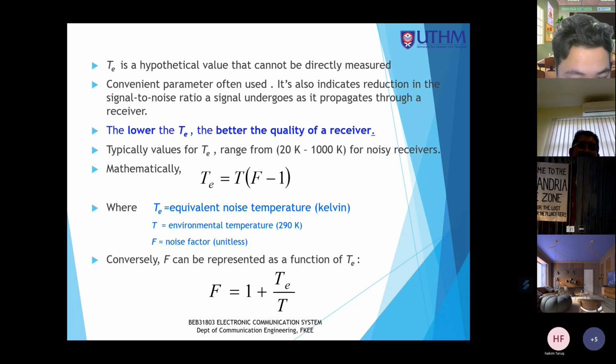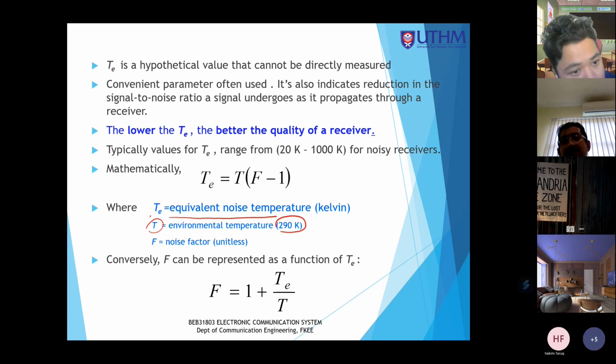Dan kita ada satu lagi parameter, iaitu ambient temperature. This is TE within the device and here is the ambient temperature, suhu bilik. And so biasanya kita buat 290 lah tapi ini bergantung kepada soalan. Kalau soalan kata 300K, so 300K lah.